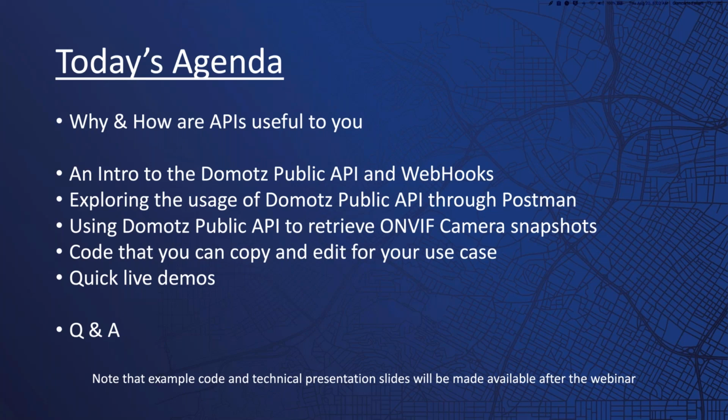Then we'll give some examples of how you can use our public APIs to do things like retrieving camera snapshots or grabbing reports of information. We'll provide real-time examples, and you'll be able to copy and edit this code or these snippets for your own use case. And of course, we'll do a couple of live demos.